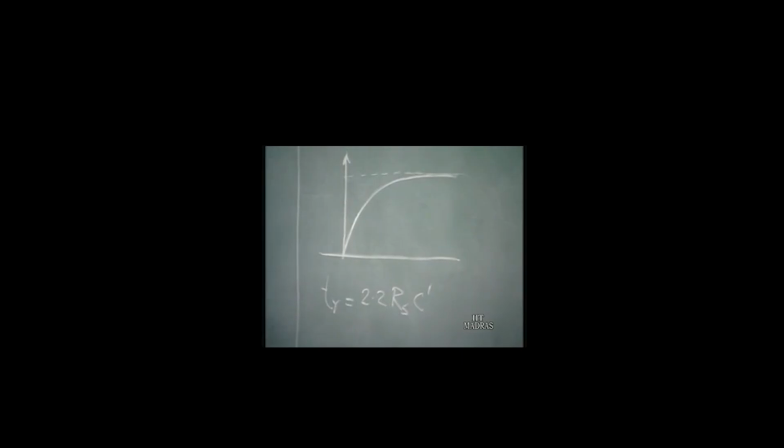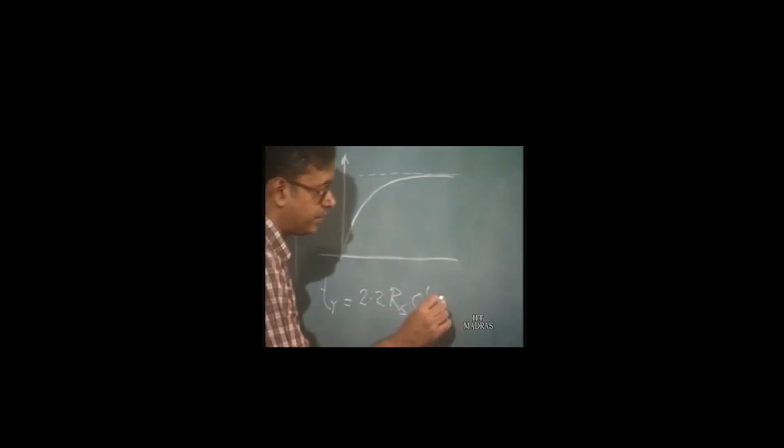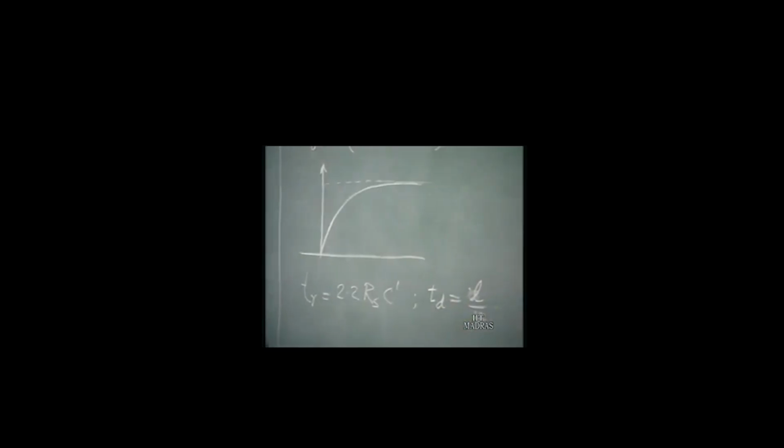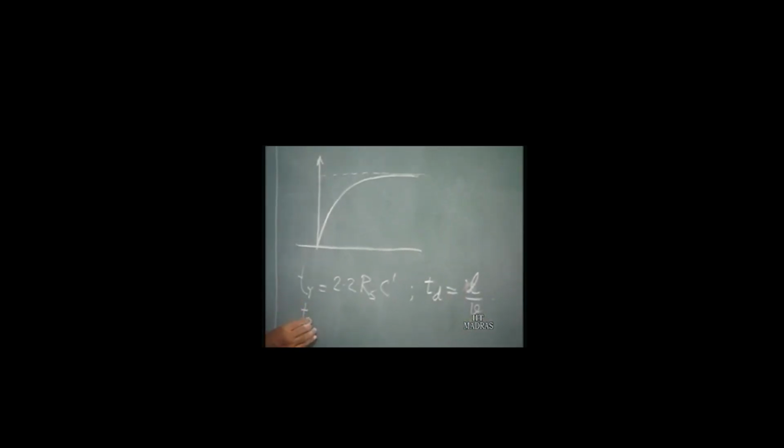Now in this case the rise time is given by Rs into C prime, whereas the delay of the line is given by L by V. We have already said that the transmission line effects become minimal when the rise time is very much greater than the delay time.